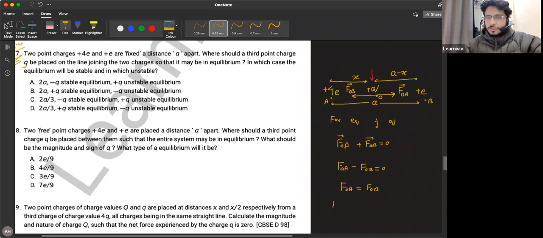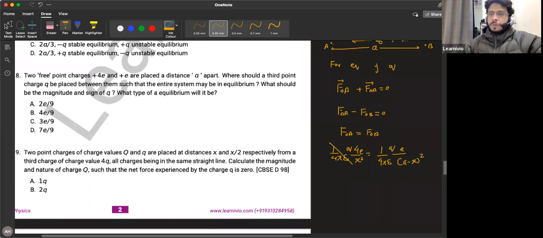So the force is 1 over 4 pi epsilon naught, times small q, times 4E, divided by the separation between them, x square. Similarly, for the force on charge Q due to the charge plus E, the expression is again 1 over 4 pi epsilon naught, times Q, times E, divided by the whole square of a minus x.